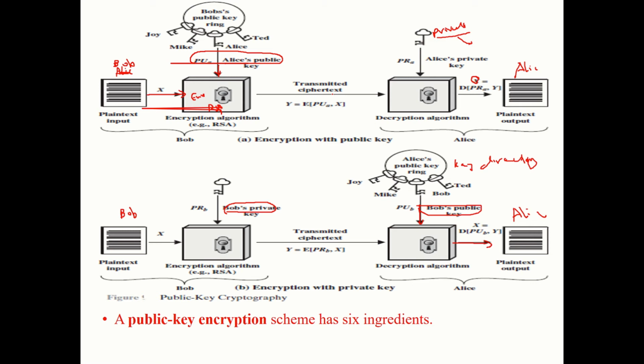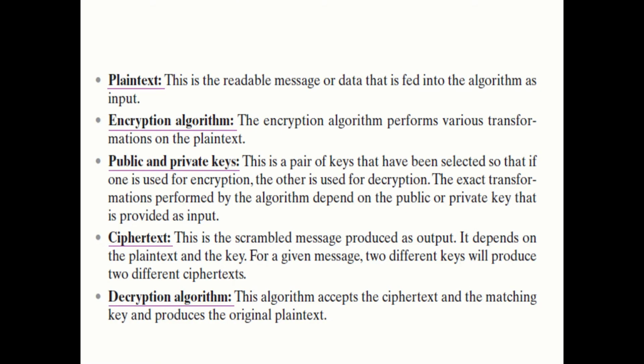It's similar to symmetric key encryption, but we use 2 keys, not just 1 key. These are the components: plain text, encryption algorithm, public key and private key, ciphertext, and then we have the decryption algorithm. The decryption algorithm should accept the encrypted text from the encryption algorithm.